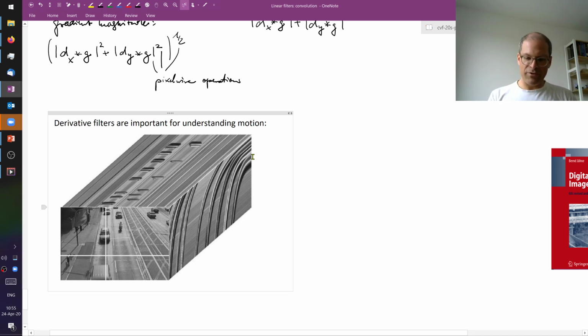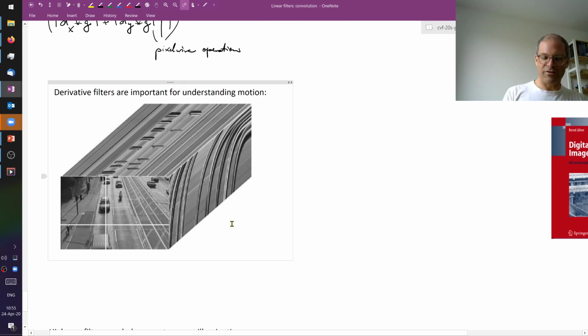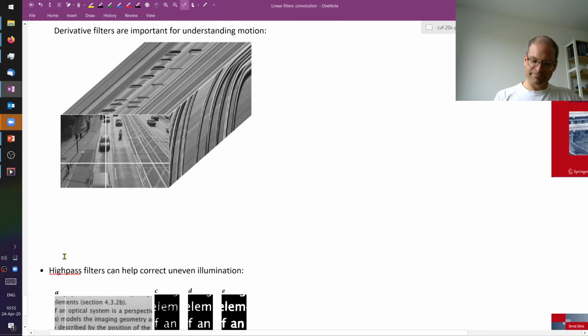And here, for example, you see cars accelerating over time, and this acceleration you can see as different orientations in this 3D volume, and derivative filters are important for estimating these.